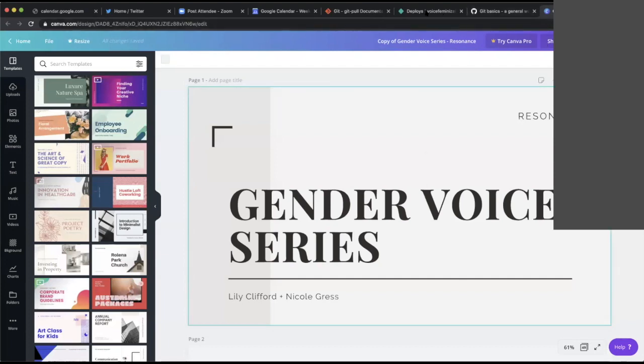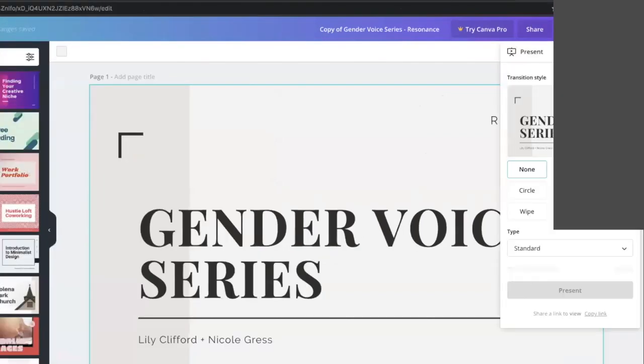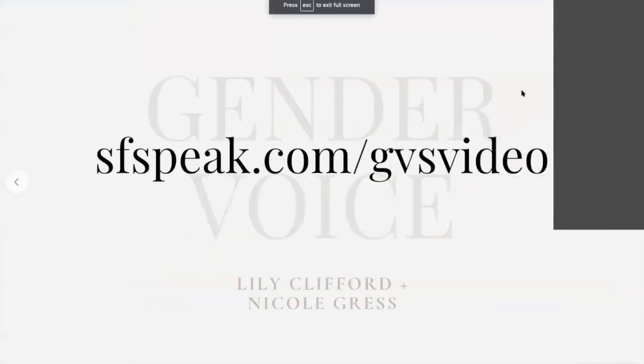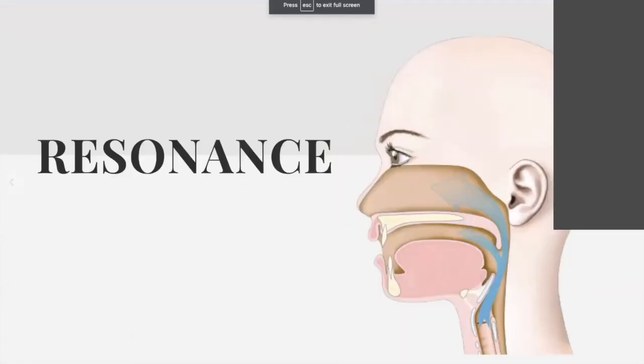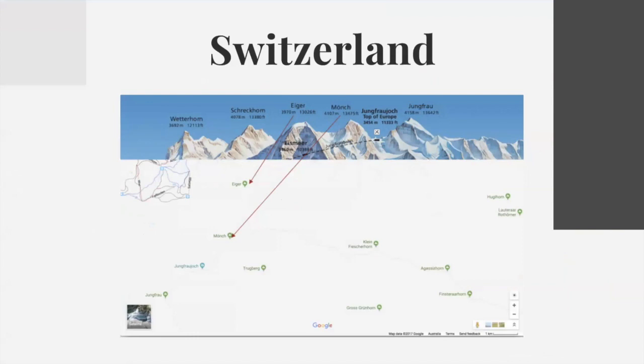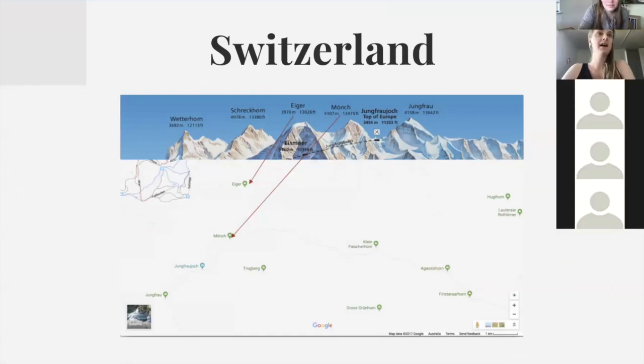Okay, let me share my computer sound. So first thing, we're talking about what resonance is, and I think the best way of thinking about that is to see how it looks in a way that phoneticians usually see it. The way I describe this is, if you type Switzerland into Google Maps, you get a two-dimensional picture of what it looks like.